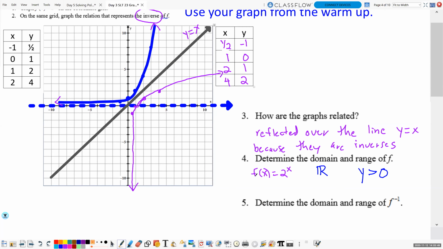All right, look at that. There we go. Now they're all coming in. X is greater than 0 is going to be the domain for our inverse. I want you to type in the range for the inverse, but wait to press enter.